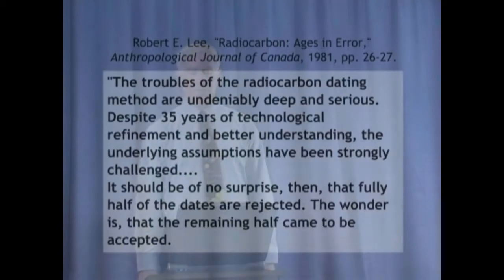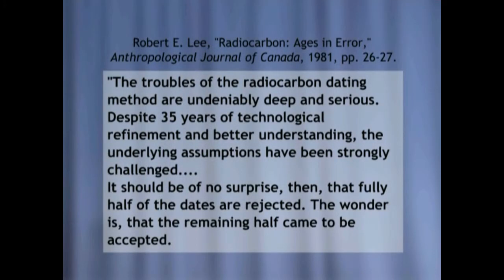Carbon-14 dating conclusion out of the Radiocarbon Ages and Error, Anthropological Journal of Canada, 1981, states this: the troubles of the radiocarbon dating method are undeniably deep and serious. Despite 35 years of technological refinement and better understanding, the underlying assumptions have been strongly challenged. It should be of no surprise, then, that fully half of the dates are rejected.